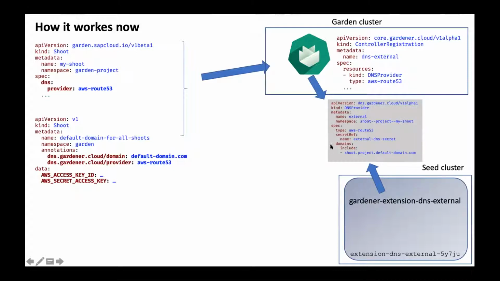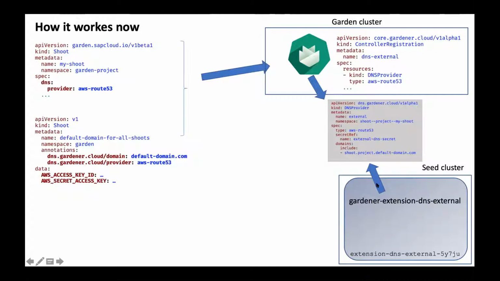That means Gardener writes such a DNS provider resource into the seed. And this DNS provider resource contains a reference to the secret, which is copied from the Garden cluster into the seed as well, information about the provider type, and which domains should be managed with this provider object.